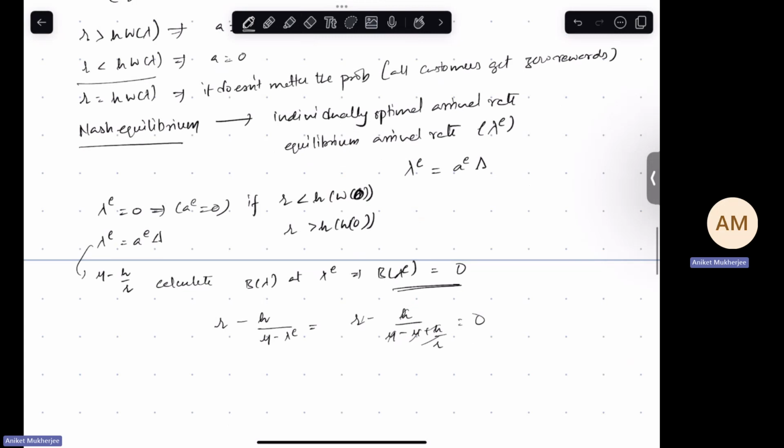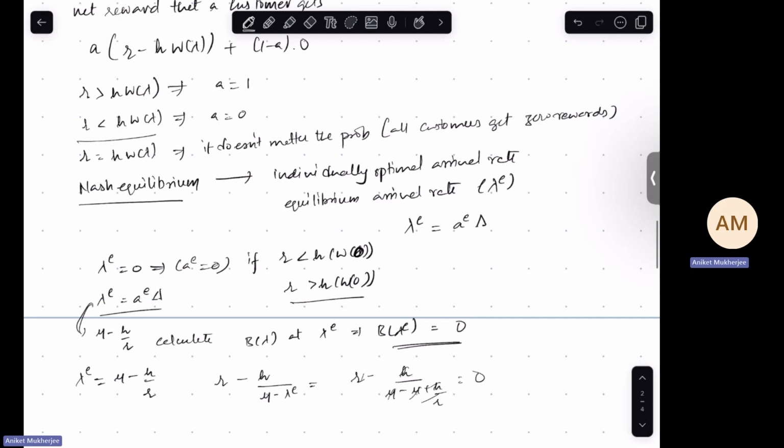Right. So if r is greater than H W 0, then lambda e equal to mu minus h by r.